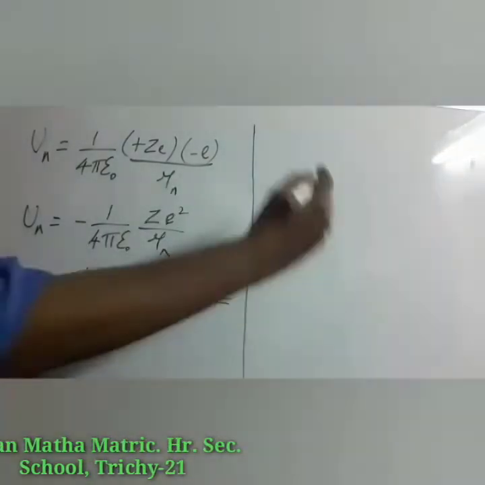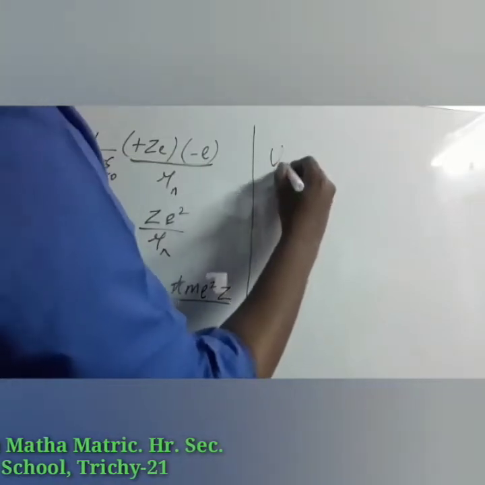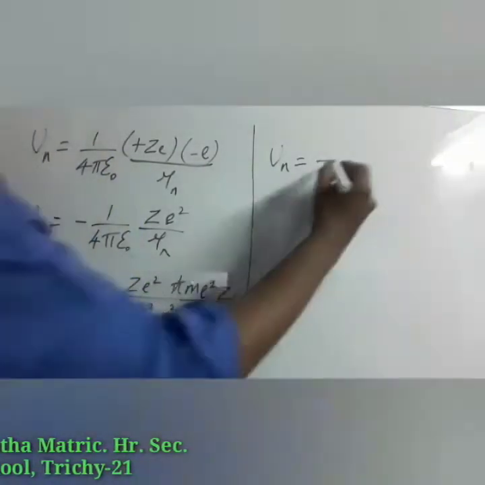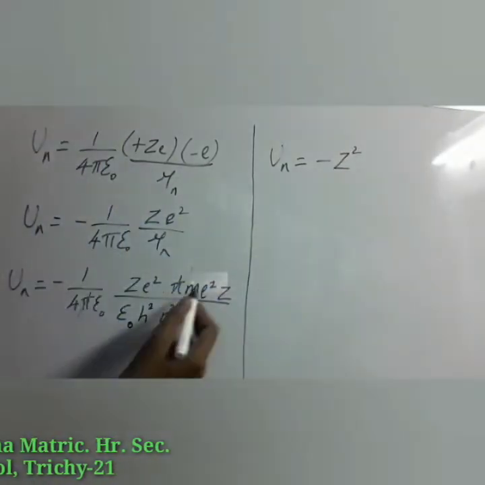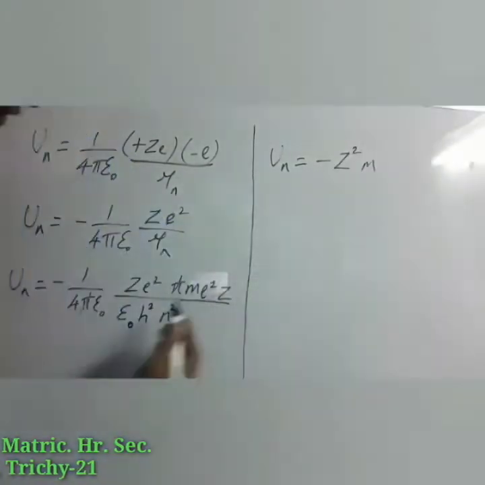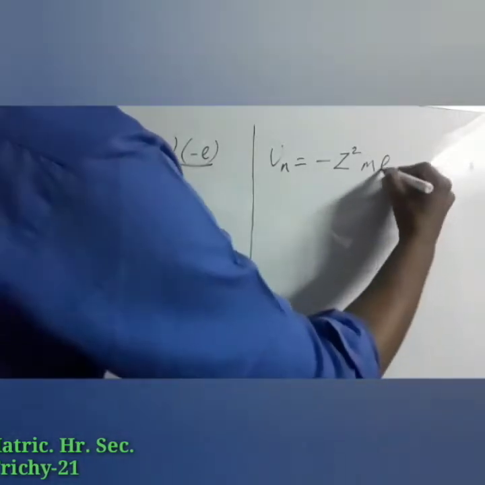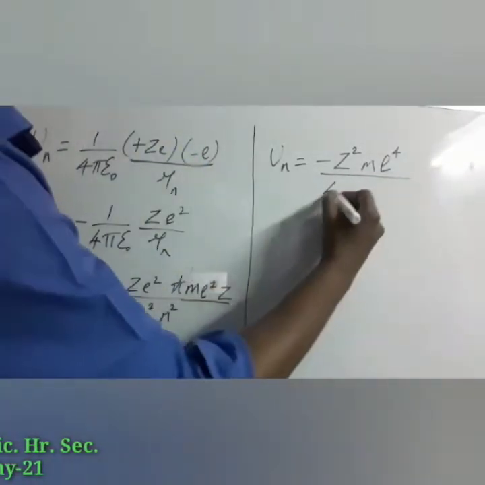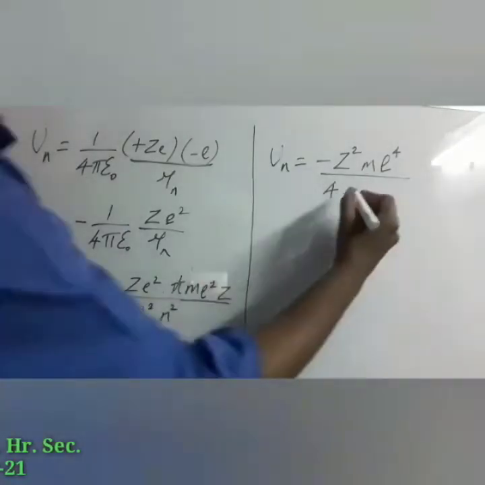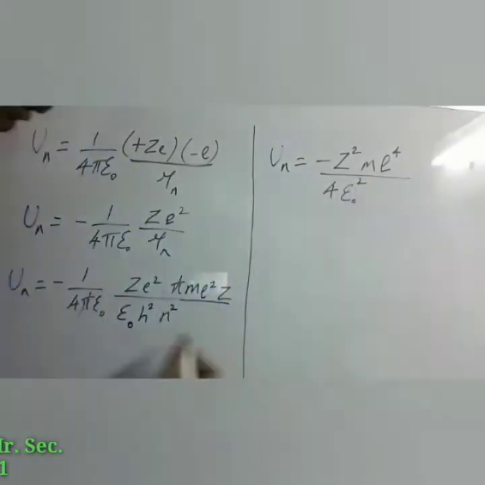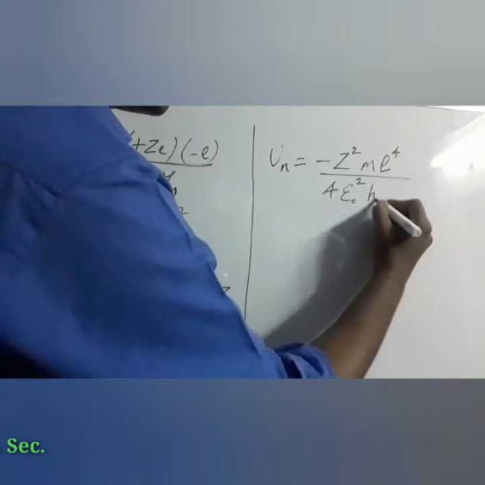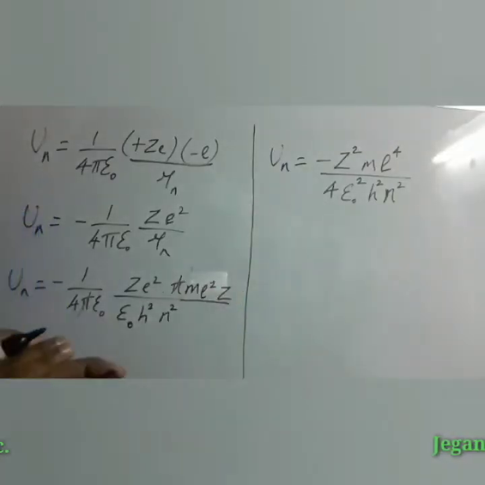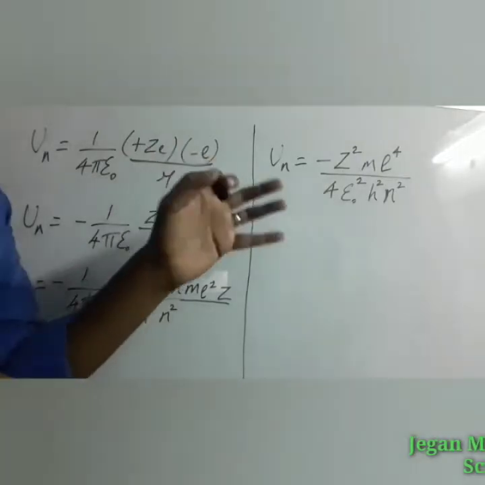Potential energy can be written as Un equal to minus Z square m e power 4 divided by 4 epsilon naught square h square n square. Let us take this expression as the first equation.